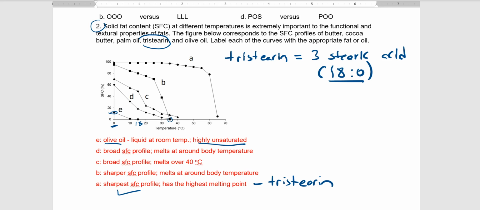Okay, let's continue. So which lipids melt at body temperature? Butter and cocoa butter, right? You know, cocoa butter is found in chocolates. So which one is which? How are we going to decide? With triacylglycerol composition.